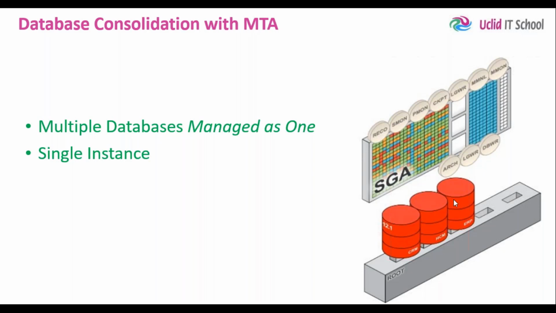Consolidation also has some challenges. And one of the challenges: if a database consumes all the resources, other databases will be impacted. So you have solutions to address all these kinds of issues. When Oracle introduced the multi-tenant architecture, they thought through all these things, what would be the challenges when you consolidate, and included all such features to control the resource consumption and various other factors. So at a PDB level, you can control how much memory a PDB can consume, how much storage a PDB can consume, how much CPU a PDB can consume.